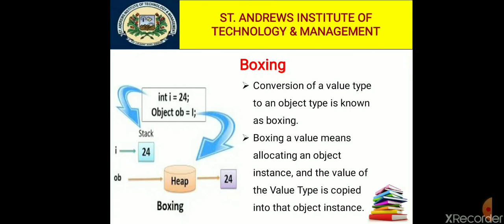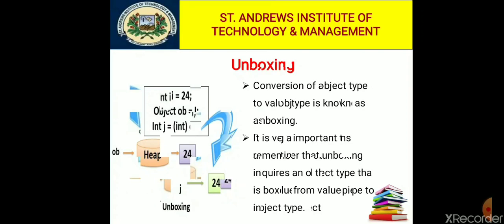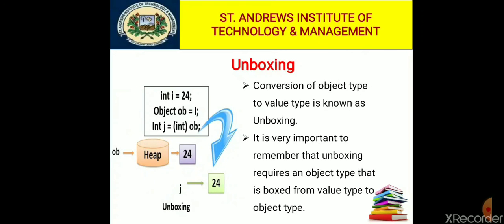The next slide discusses unboxing. Simply, it is just the opposite of boxing. What is unboxing? The conversion of object type to value type is known as unboxing, whereas boxing is the conversion of value type to object.